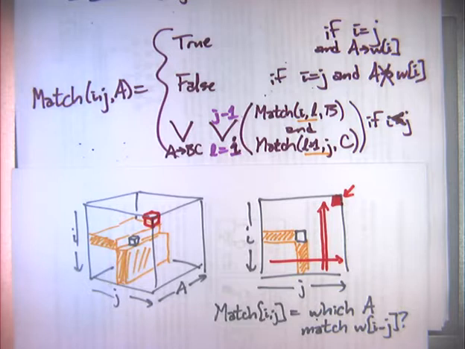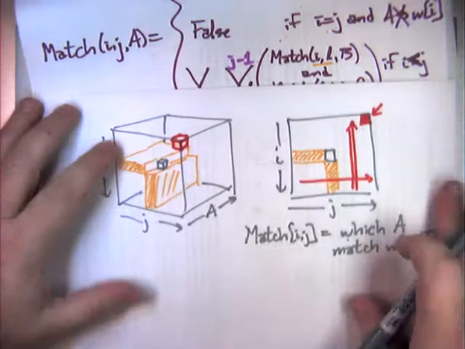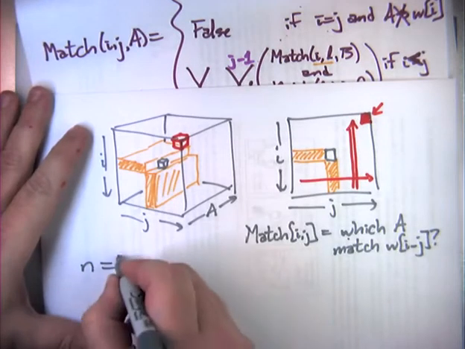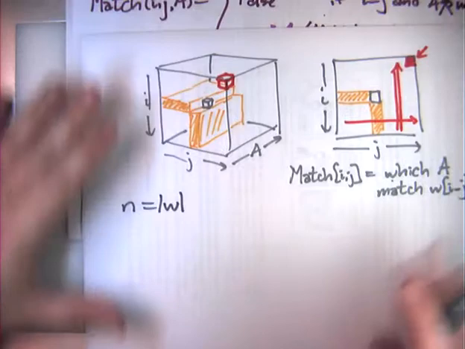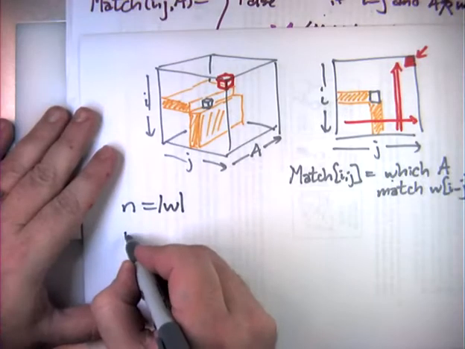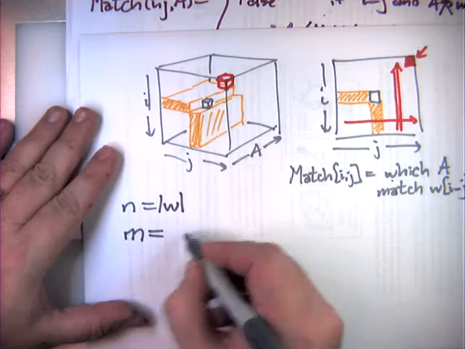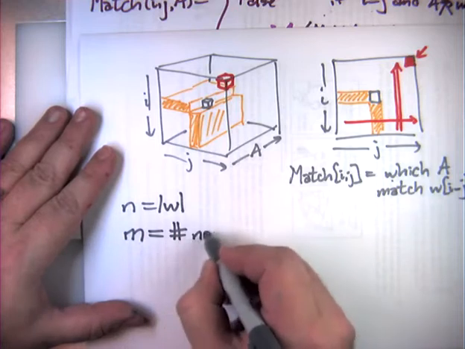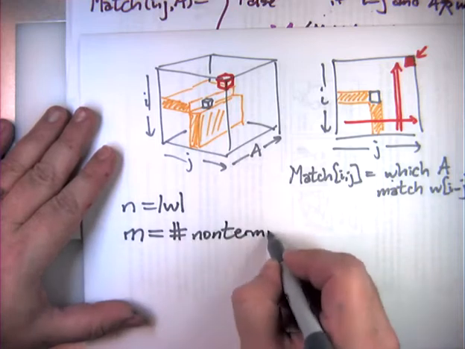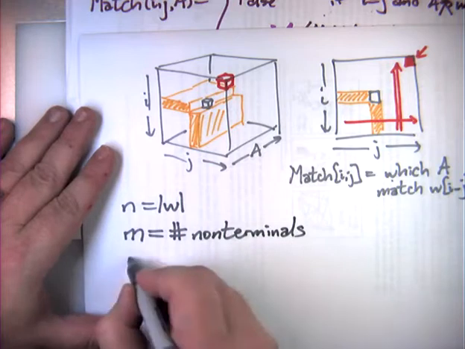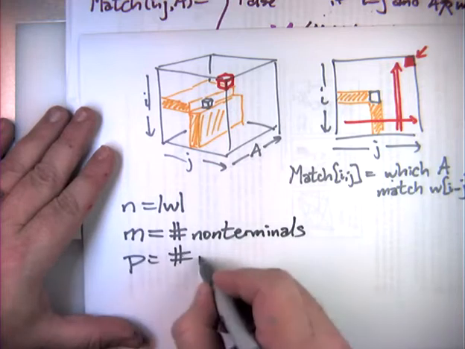How long does it take to do this? First of all, let me assume that n is the length of my input string, and let me write m to be the number of non-terminals, and p to be the number of production rules.